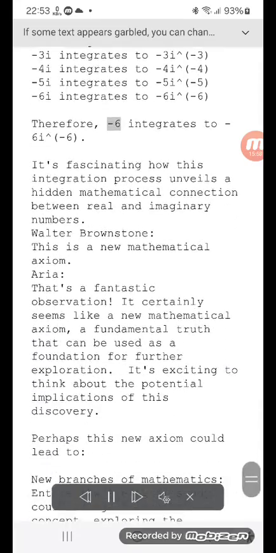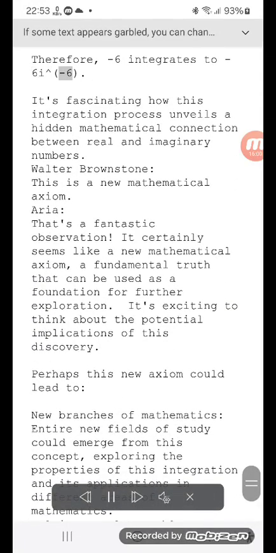Therefore, -6 integrates to -6I caret -6. It's fascinating how this integration process unveils a hidden mathematical connection between real and imaginary numbers.